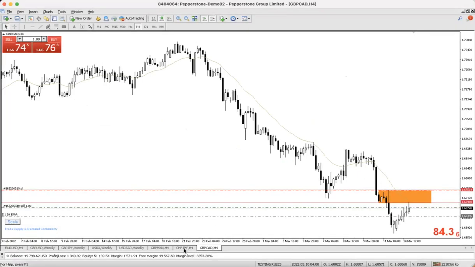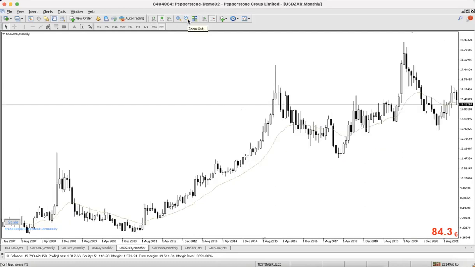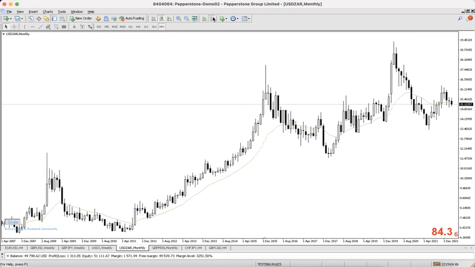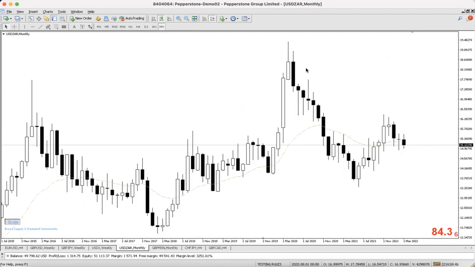And pound MXN. But let me ignore this because most of you guys might find you don't have it on your brokers. Right? What about dollar ZAR, dollar rand?